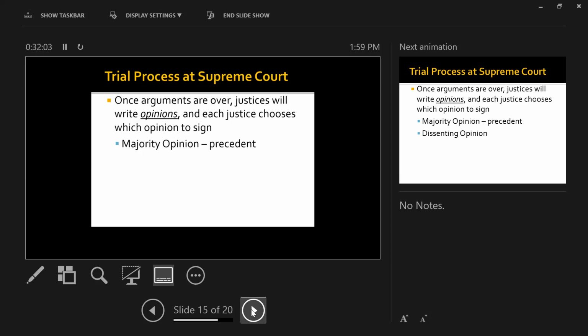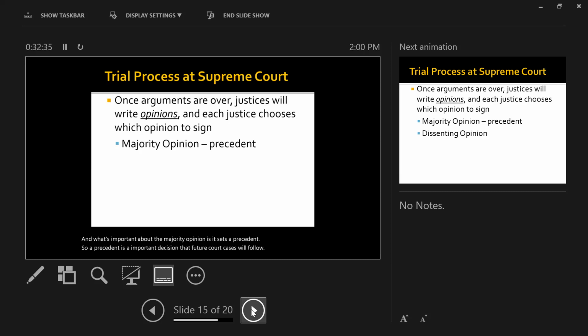Now, the majority opinion is obviously the one signed by the majority of the Supreme Court justices. And what's important about the majority opinion is it sets a precedent. So a precedent is an important decision that future court cases will follow.